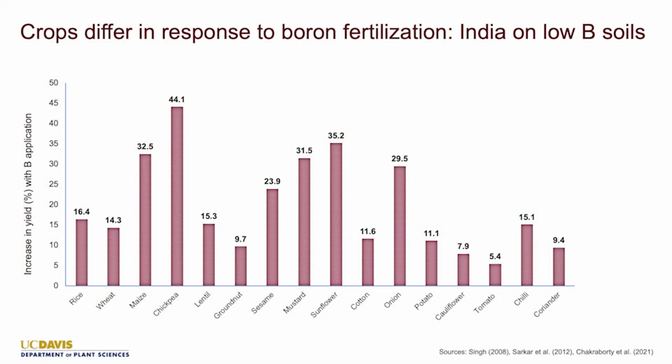There is another attribute of boron that is somewhat unique and also contributes to making our decisions more difficult. Now, this is a large study from India that I'm just using as an example, where they applied boron fertilizer to low boron soils that were growing a variety of crops. On the left is the increase in yield as a consequence of the boron application, and then a number of species along the base.